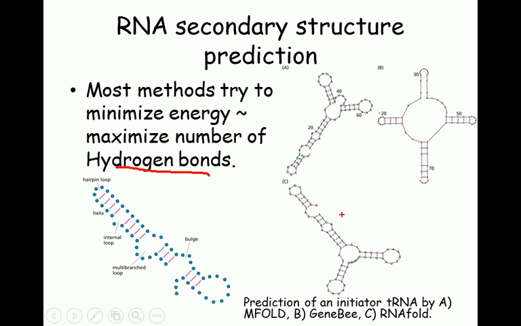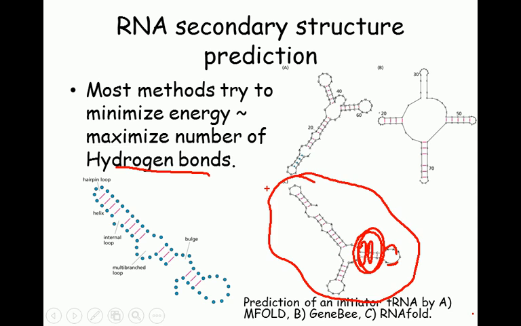So the RNA secondary structure will have these bulges and pairs of segments that are forming hydrogen bonds with each other. So the more hydrogen bonds you can form between A and U and G and C, the stronger the interaction will be and the more stable the RNA structure will be.